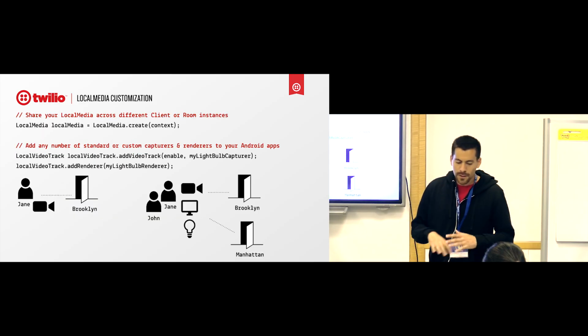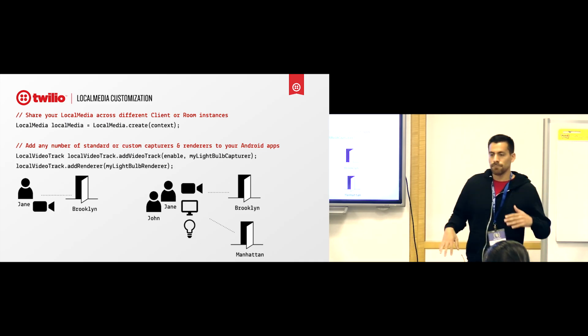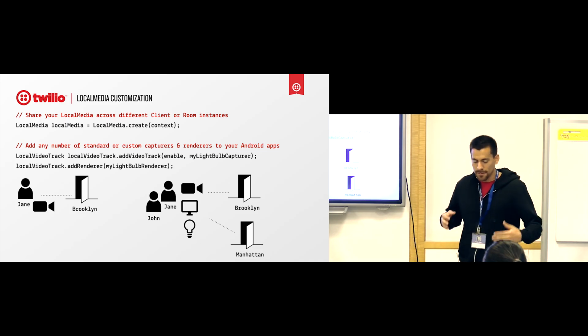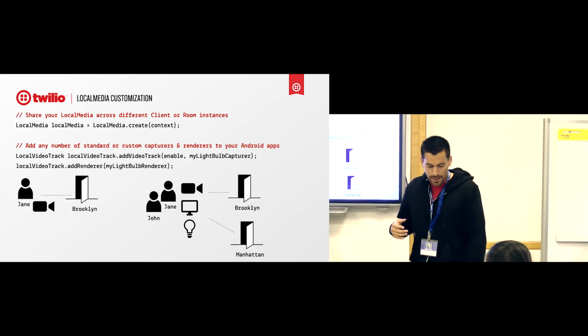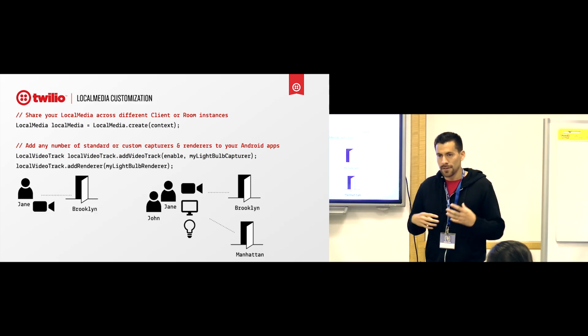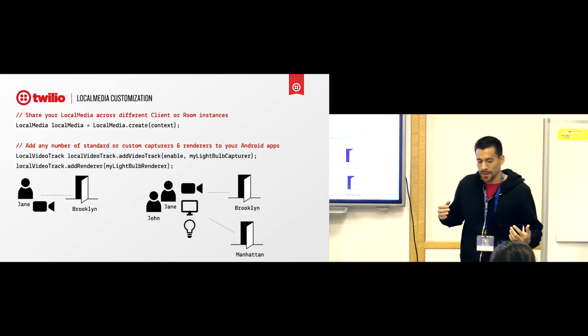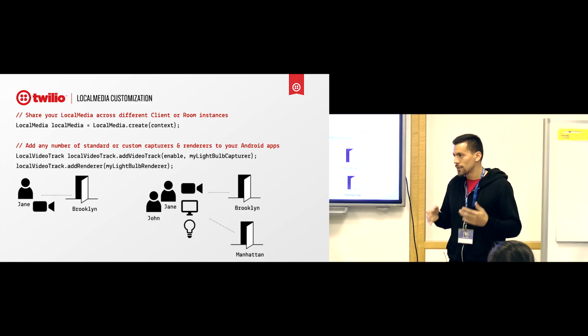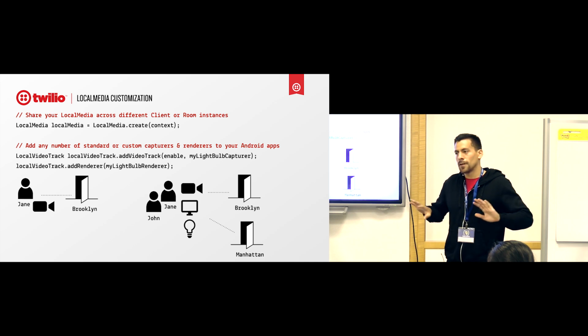So I talked a lot about captures, renders, and how to customize some of these things. The last thing I wanted to touch on today was how you can leverage this local media in different ways. The local media and the room model are written in such a way that they're almost completely separate components.